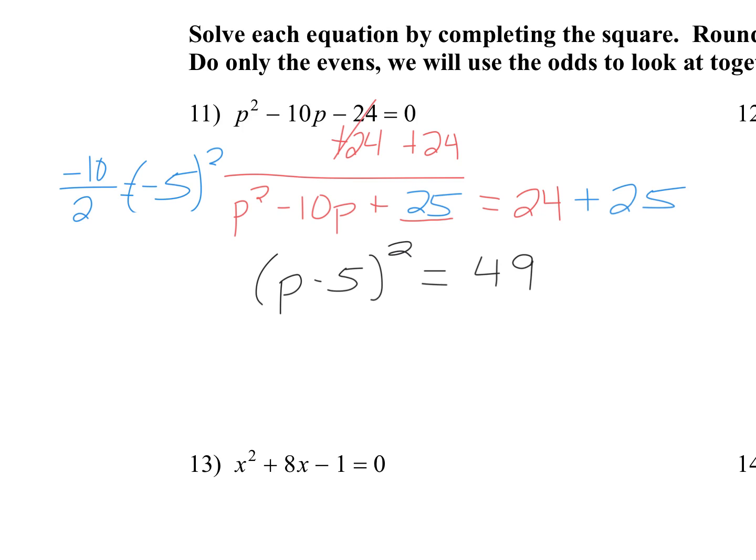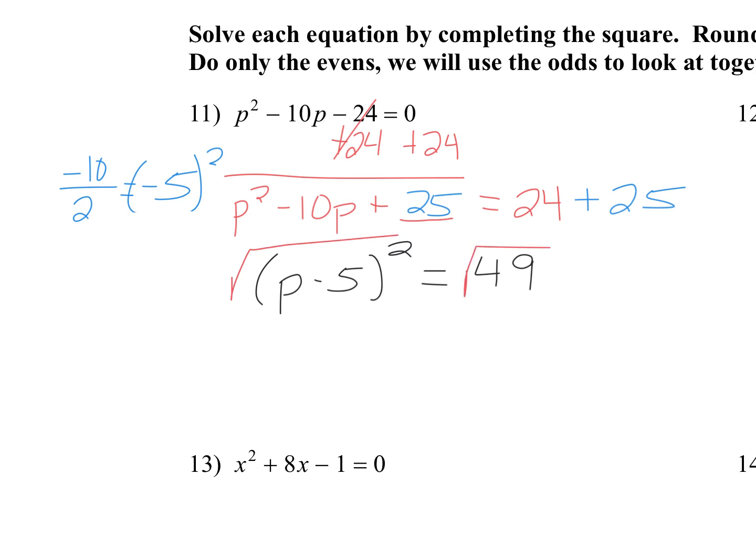Now what's left is to just solve, like you were doing yesterday. How can I solve this to get p by itself? Think here. Yep, from here, from where we're at. How can I get p by itself? Take the square root, right? So I'm going to take the square root of both sides.